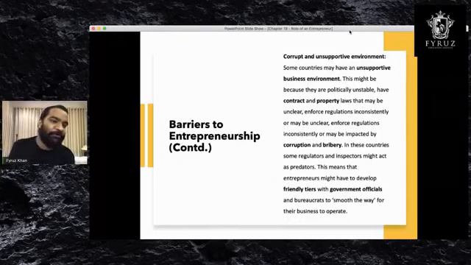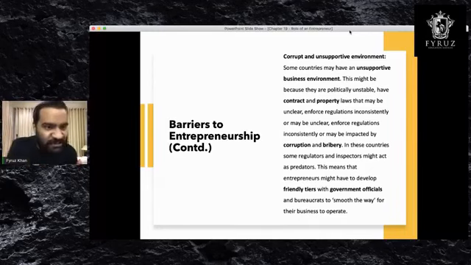Corrupt and unsupportive environment: some businesses have their own way of working. For example, I don't want to go deep into this matter, I don't want to be political, but whatever is happening in Bollywood nowadays, a lot of truth has come out about how a certain industry functions.